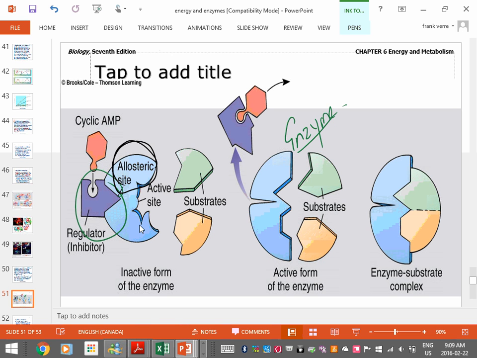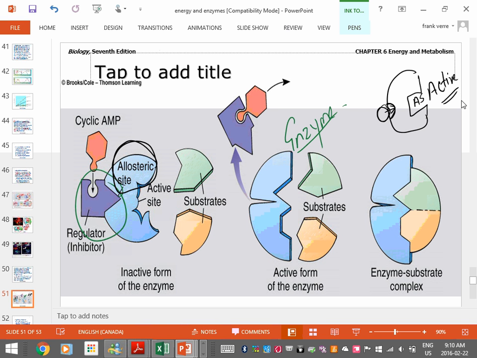Now the reason why it's not the same is because it looks like it's the same, but allosteric regulation could actually switch the enzyme on. So if you imagine here's my enzyme, I'll draw it like this. So here's my active site. So here's my allosteric site. I could have a molecule that attaches and actually activates it.